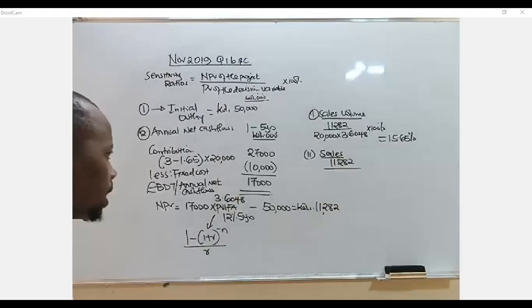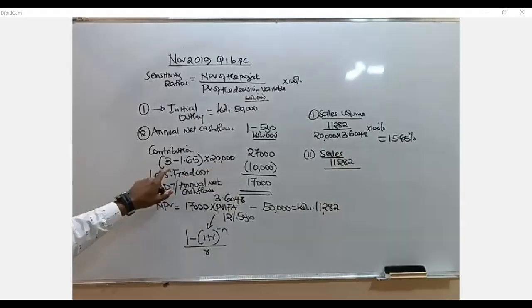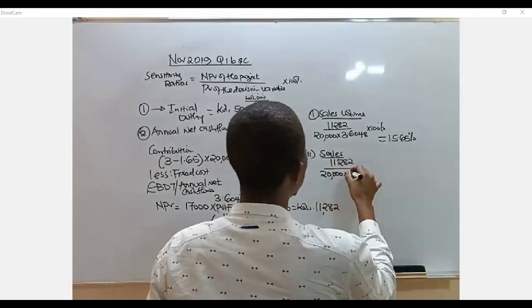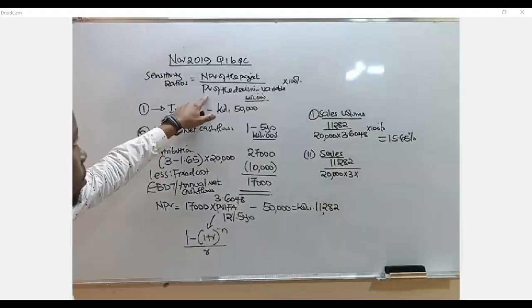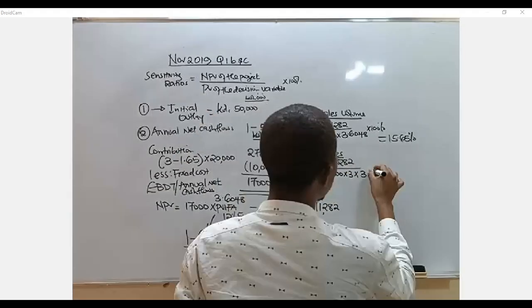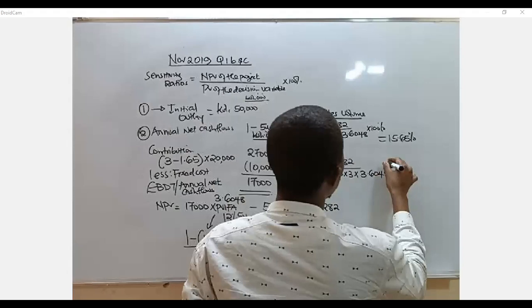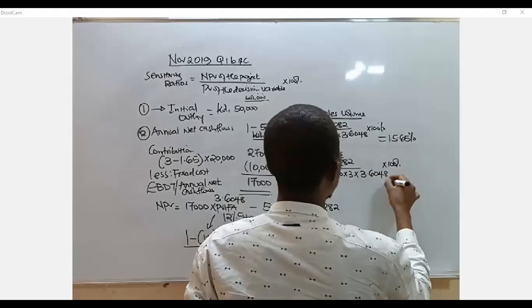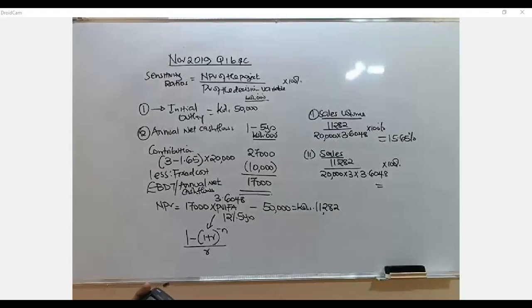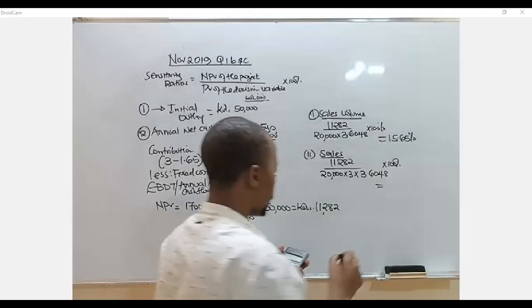Our total sales are 20,000 times 3, which is 60,000. Then you discount to get the present value, 3.6048, times 100%. So 60,000 times 3.6048, and 11,282 divided by my answer, I'm getting 5.22%.